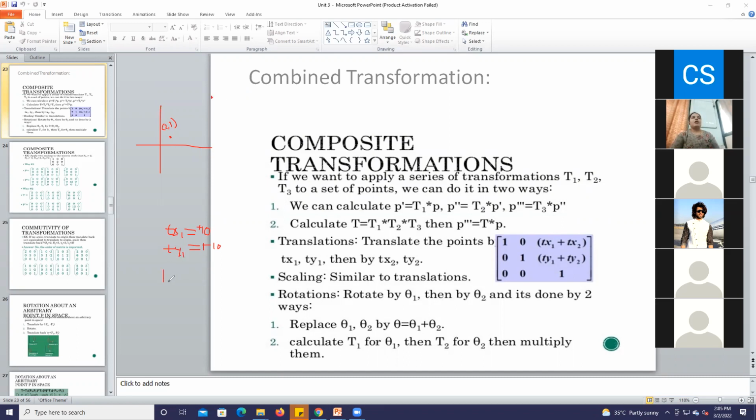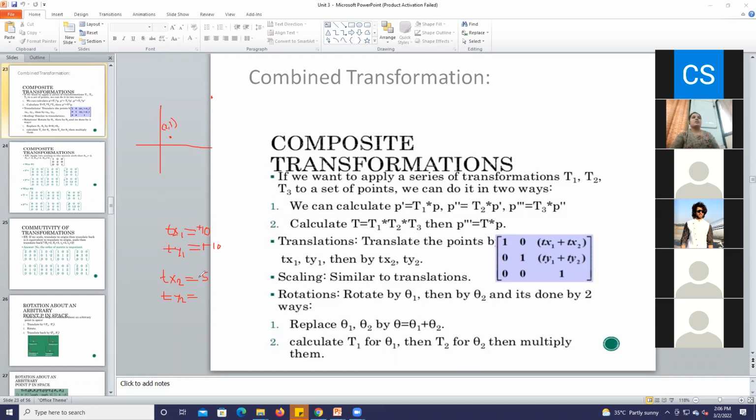And I want to shift again that point with tx2 equal to 5 units towards left and 5 units down. हा मला point काय करायचंय, 5 units down and 5 units towards left करायचंय.